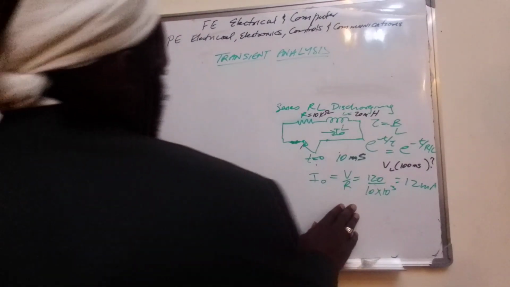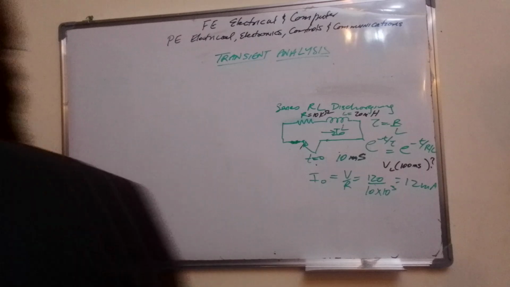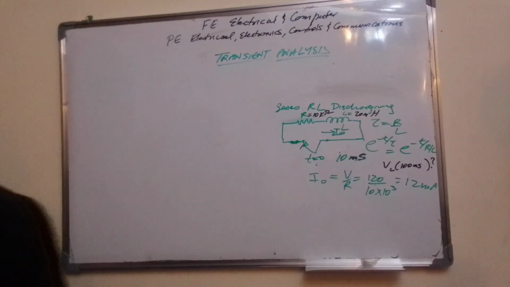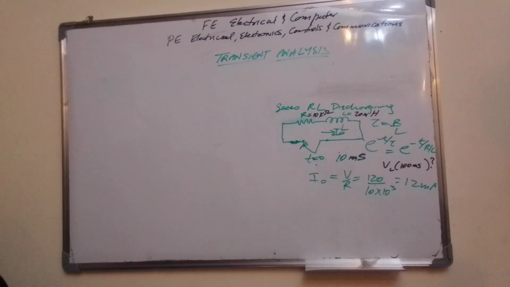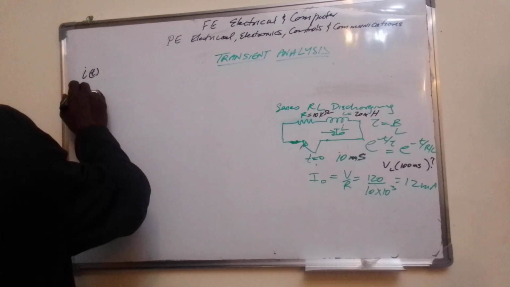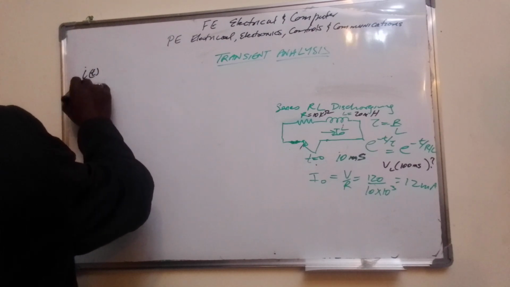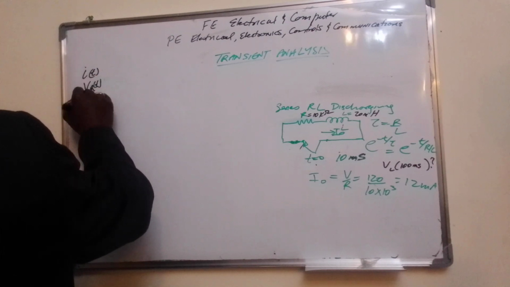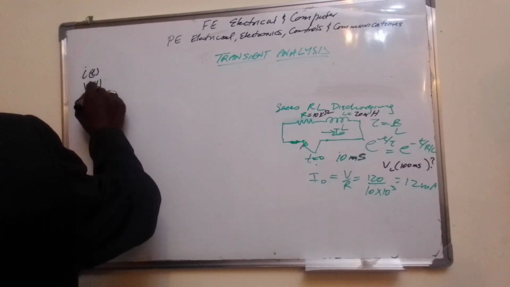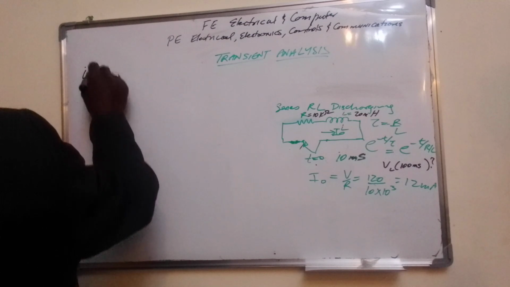What's going to happen in this circuit after 10 milliseconds? What's going to happen with I of t, V of t, VR, and VL after those times, okay?